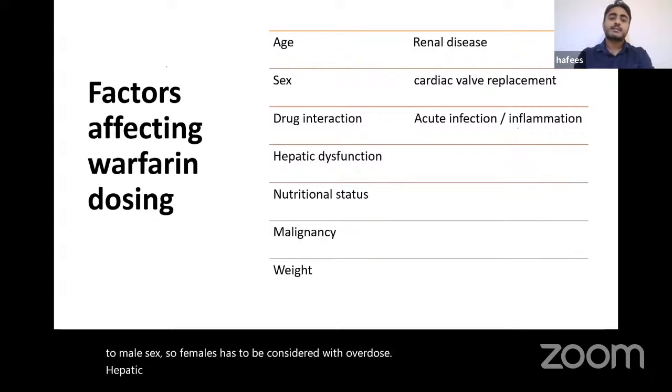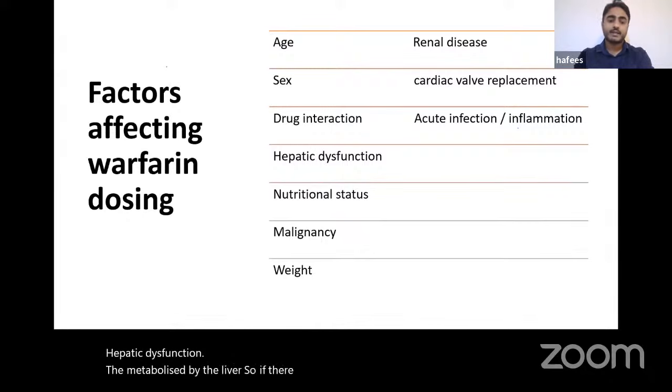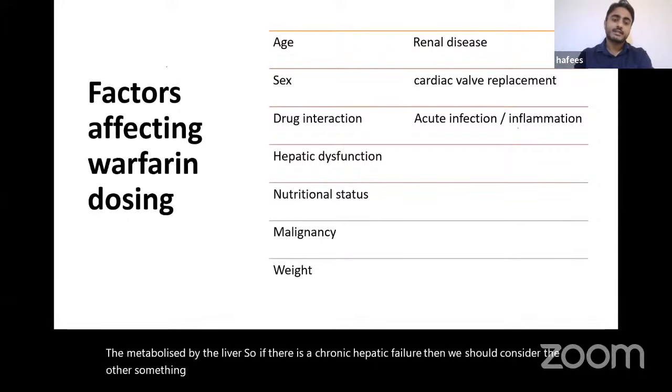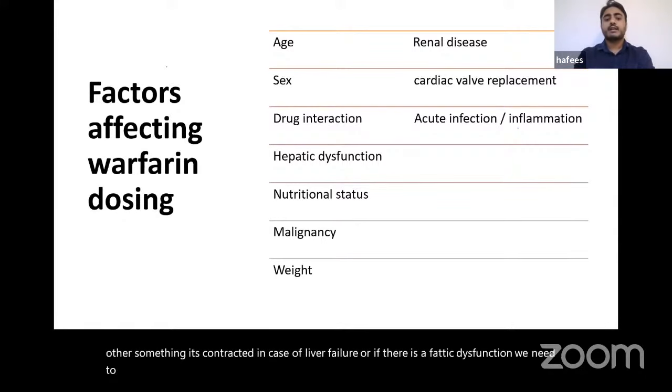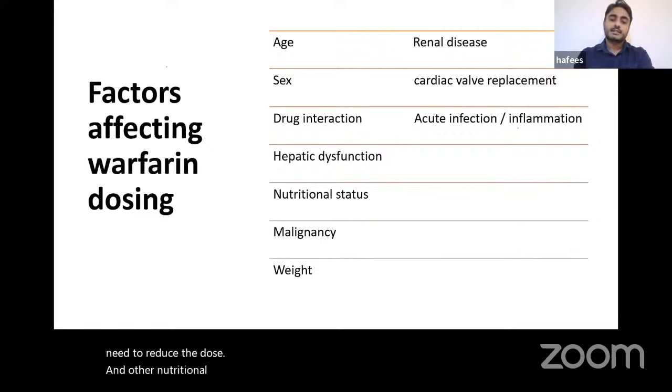Hepatic dysfunction: warfarin is metabolized by the liver. So if there is chronic hepatic failure, then it's contraindicated in case of liver failure, or if there is hepatic dysfunction, you need to reduce the dose. Another is nutritional status, the patient's nutritional status and vitamin K intake; this also affects the dosing of warfarin.